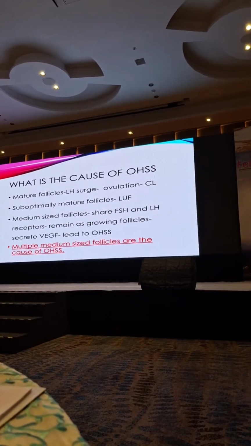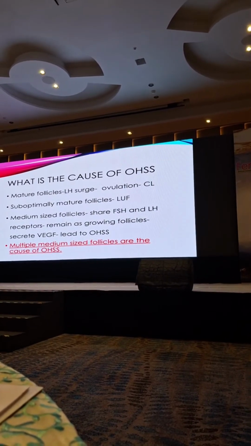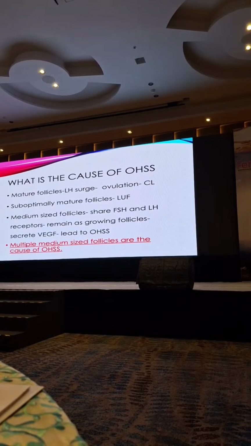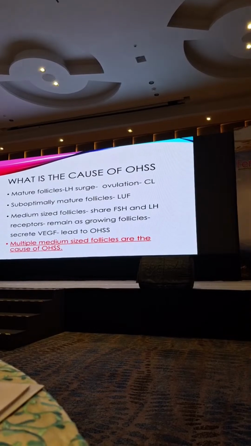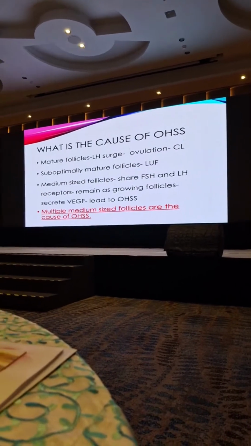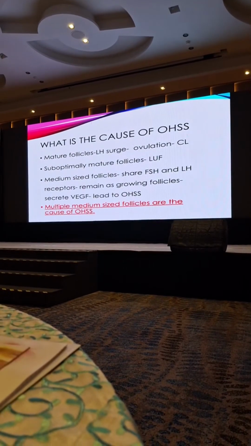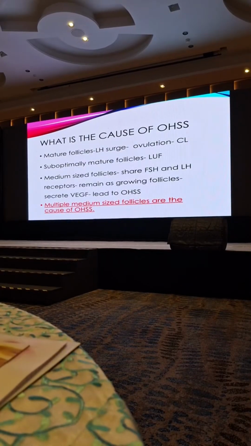So just take the message, if you feel that the explanation is difficult: with more medium-sized follicles, there is a higher chance of more growing follicles and a higher chance of OHSS.